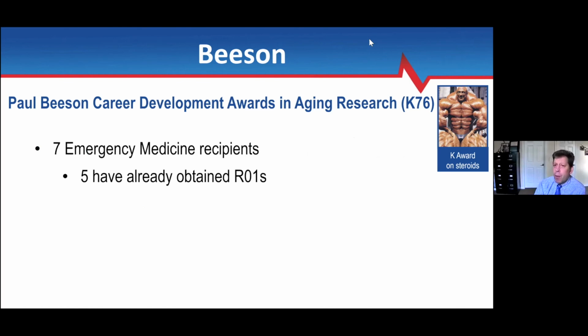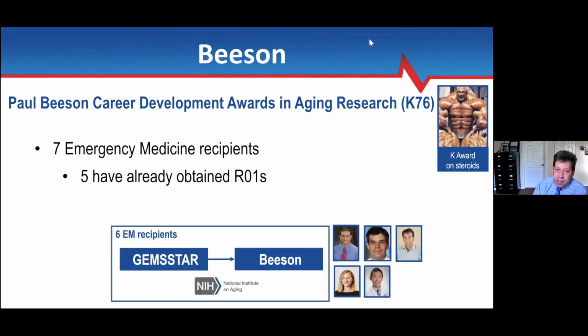And before I go any further, I want to pause and highlight that NIA, the National Institute on Aging, thinks of this as a pathway. 6 of the EM recipients of the Beeson held the GemStar before. And that's true not only in emergency medicine, but in many, many subspecialties. And this is the pathway that they intend.